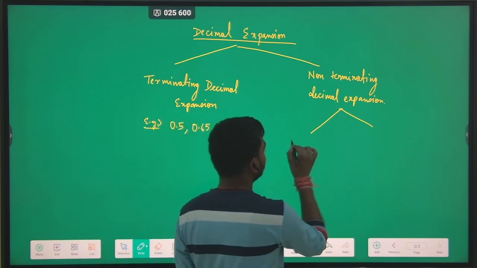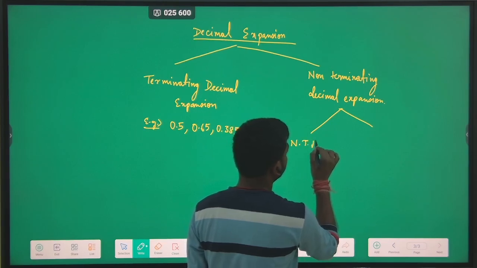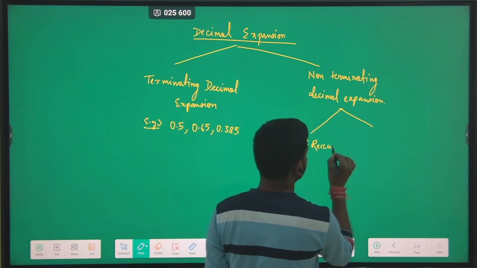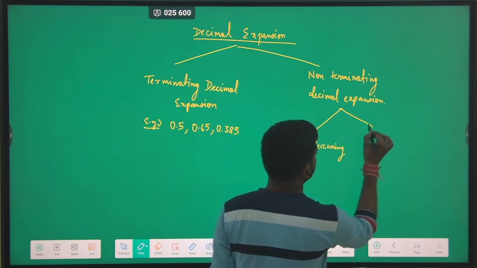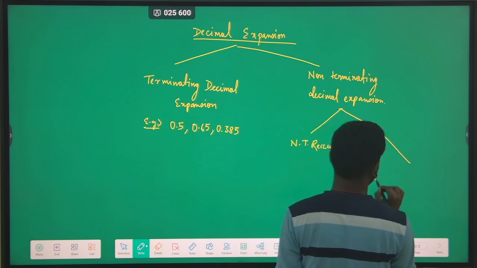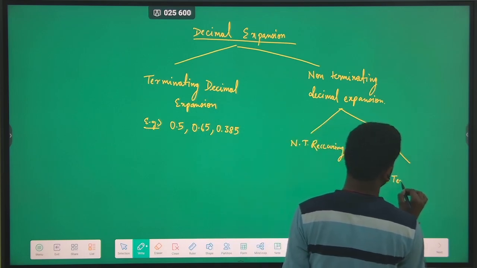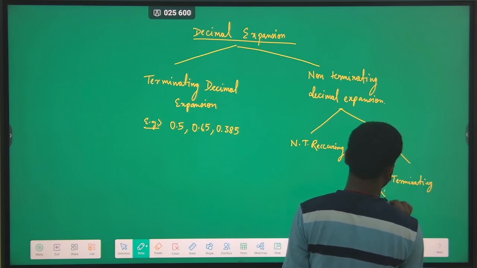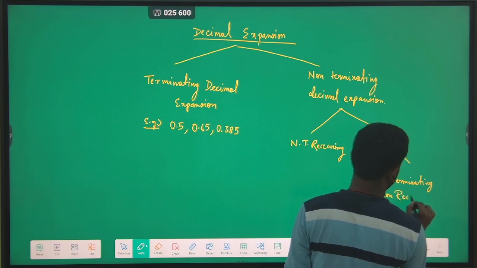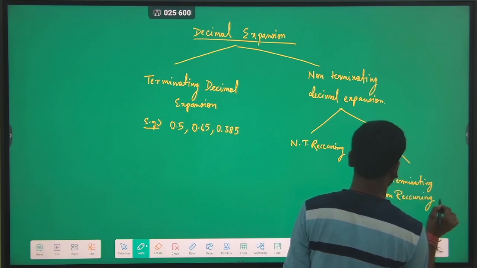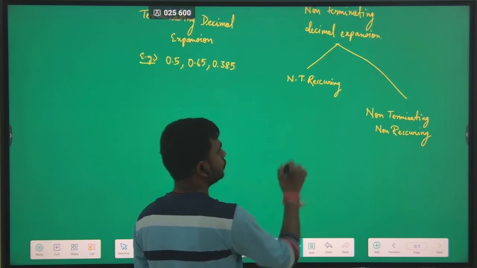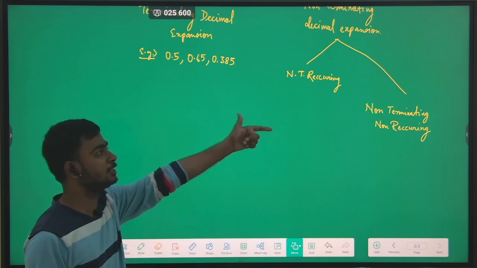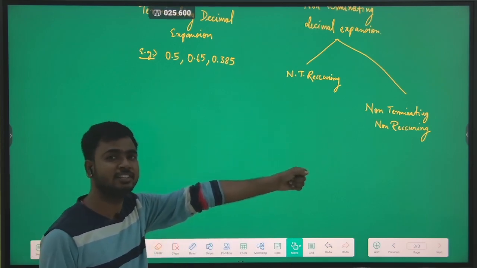The first one is non-terminating recurring decimal expansion. And the second one is non-terminating non-recurring decimal expansion. Okay, so what are the examples of each?